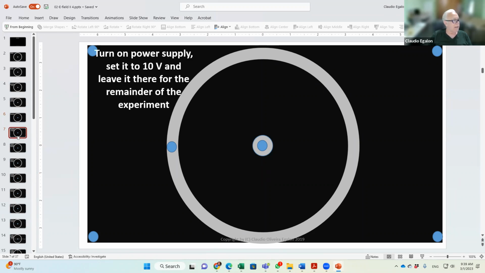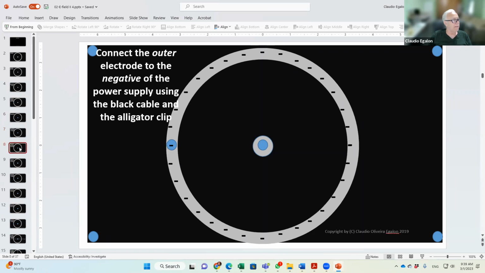In the next step, we're going to power our power supply or our battery and set it to 10 volts, just like we did before. My source of electrical energy. Connect the outer electrode to the negative of the power supply using a black cable.